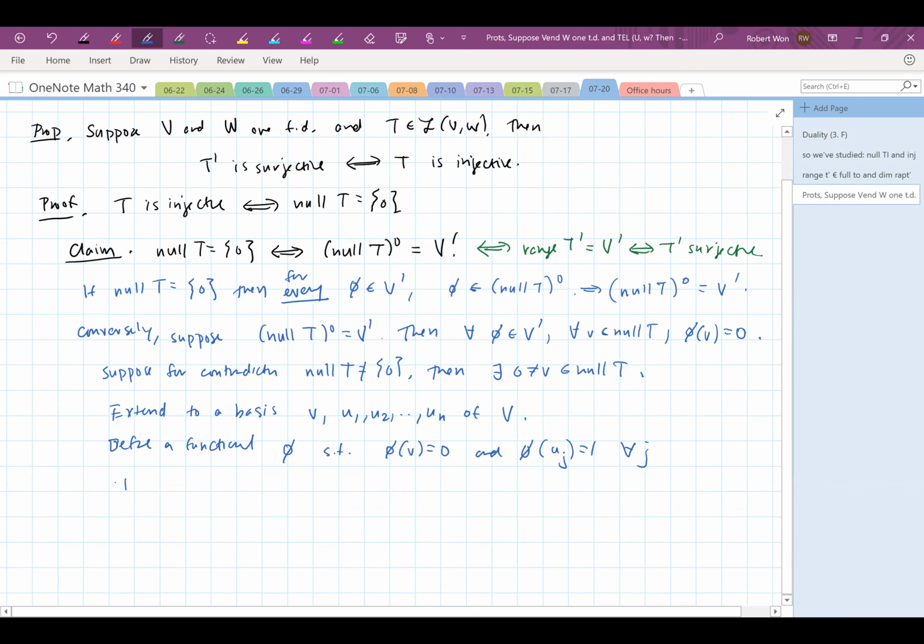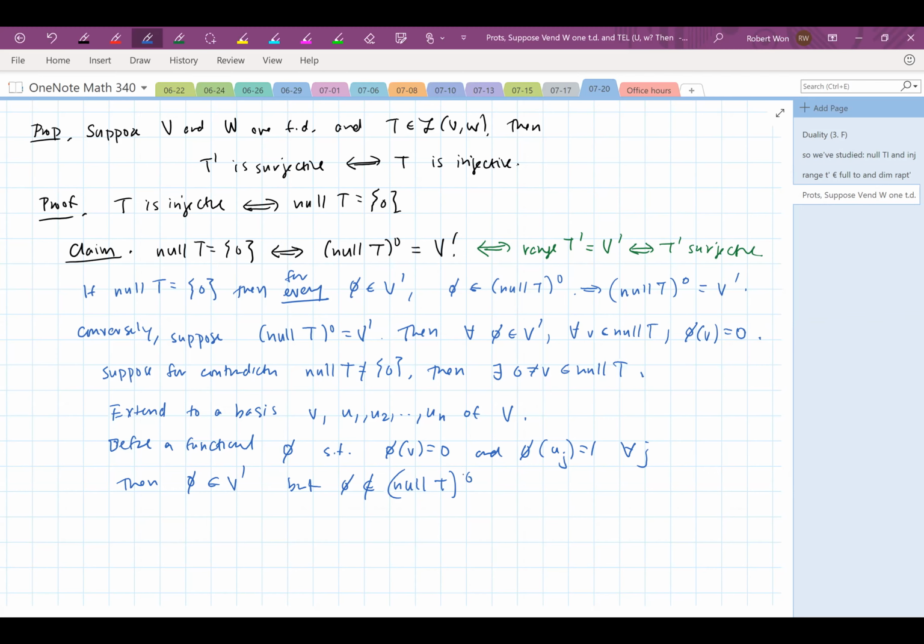But then phi is a linear functional in V dual, but phi is not in the annihilator of the null space because it doesn't vanish on the null space. But I guess I'm actually proving this by the contrapositive. I guess I'll make that clear in the notes. It doesn't really matter. The logic still works.